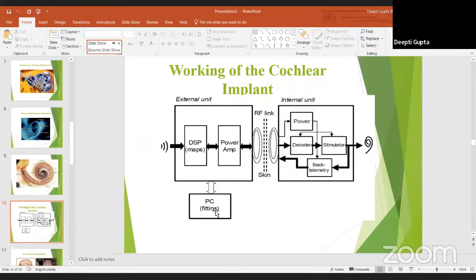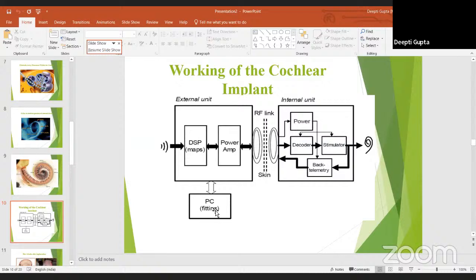So when we are inserting the electrode in the cochlea, what is the situation? Maybe all 12 get fitted properly on the proper place. That is a possibility, so in that case, the mapping of a patient is different. But suppose during operation all the 12 electrodes are not fitted on the proper place.